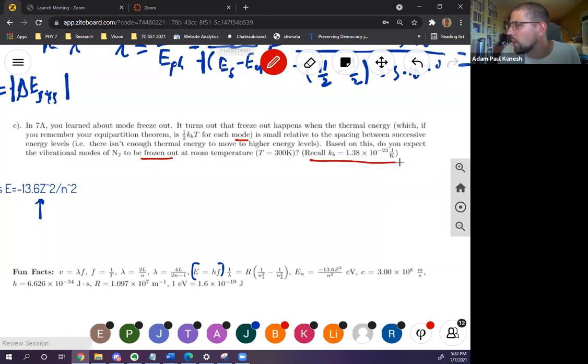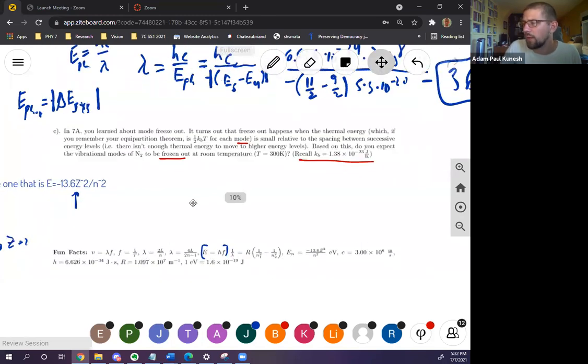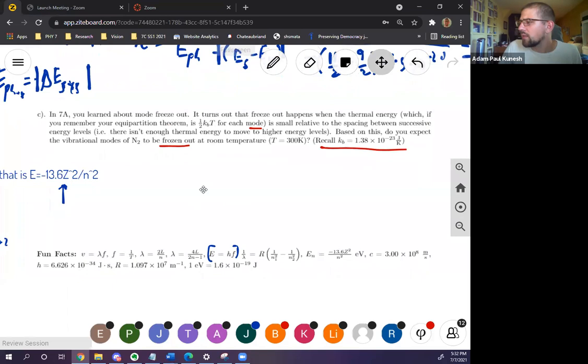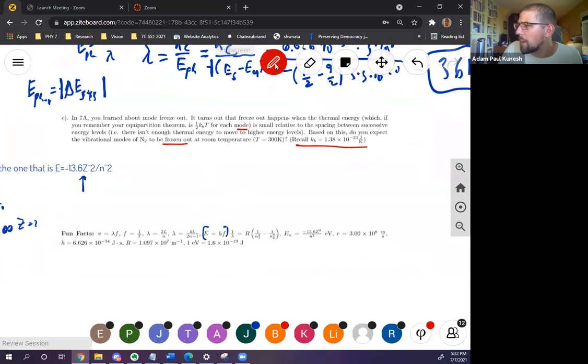Recall kB equals 1.38 times 10 to the negative 23 joules per Kelvin. Okay, this is kind of interesting. As a reminder, when we have modes for N2, there are translational modes: left, right, up, down, forward, back. There are rotational modes, spinning in 2 directions.